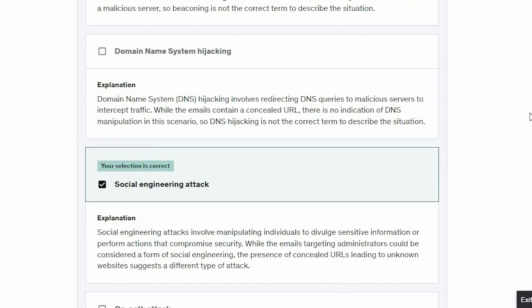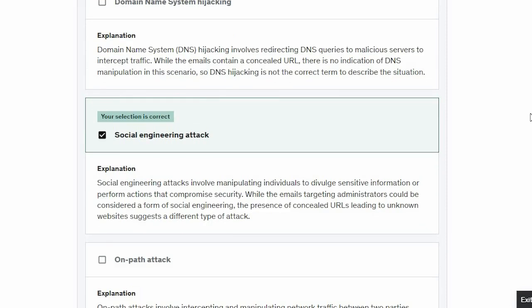B. Domain name system hijacking. Domain name system DNS hijacking involves redirecting domain name queries to malicious servers to intercept traffic. While the email contains a cancelled URL, there is no indication of DNS manipulation in the scenario. So domain name system hijacking is not the correct term to describe the situation.